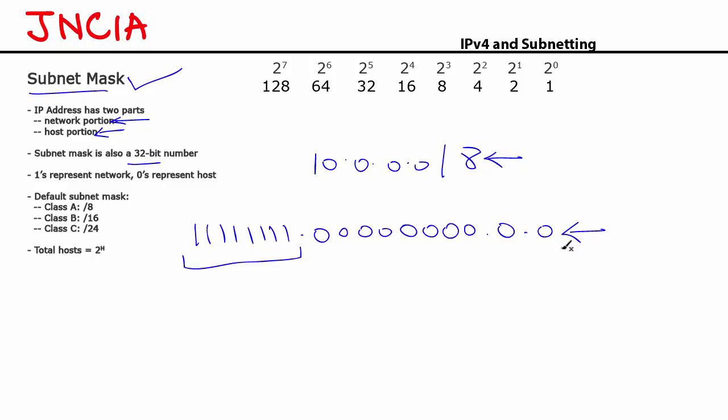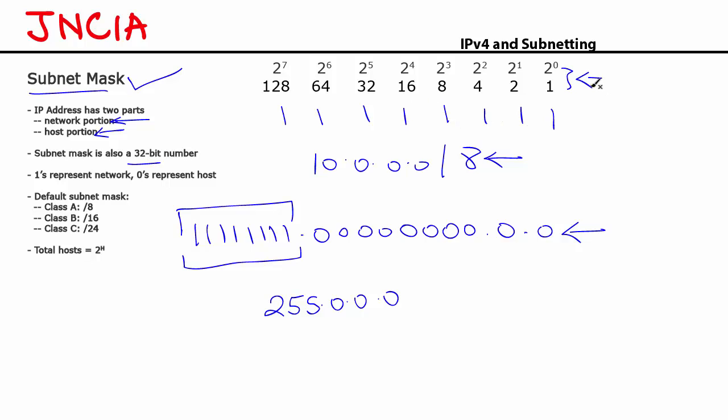If you were to convert this binary representation into a decimal representation, this would look like 255.0.0.0. If you ask how, you place these ones against the powers of 2. These are the first 8 powers of 2, starting from 2 power 0 to 2 power 7.